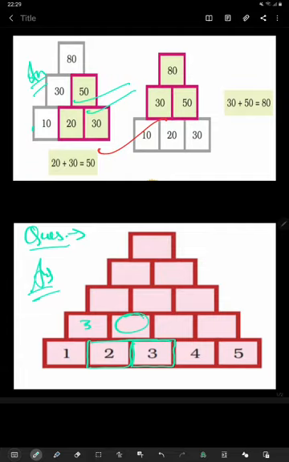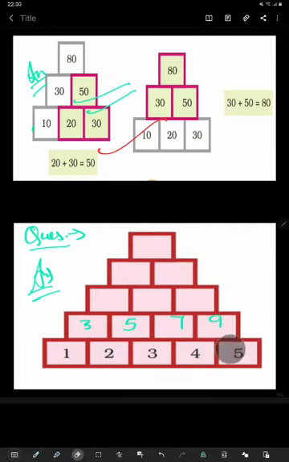Okay, so when we will add these two numbers, what you will get? You will get 5. Okay, and we will write in this block. Like this also, when you will add these two numbers, 3 plus 4, you will get 7. When you will add these two, 4 plus 5, 9. Okay, so I hope it is clear for you.